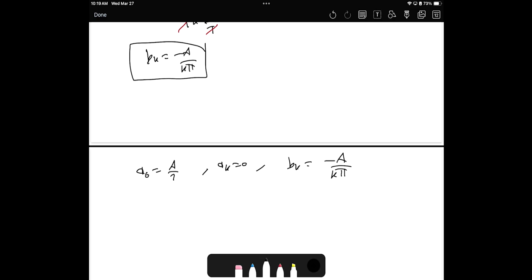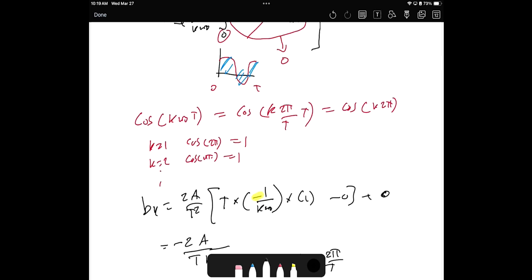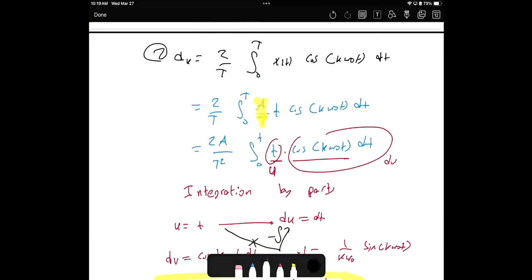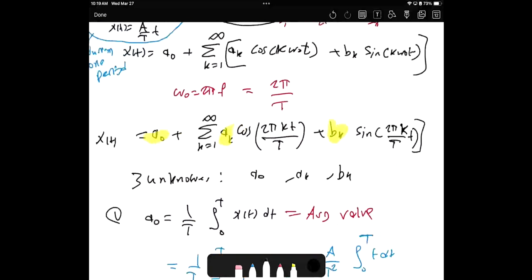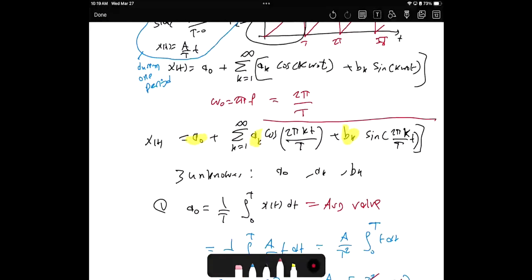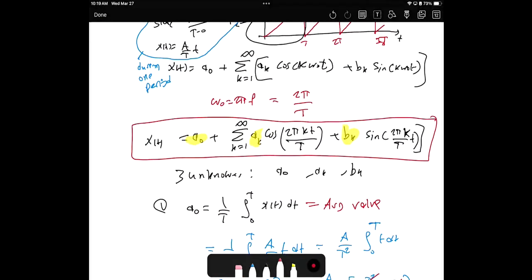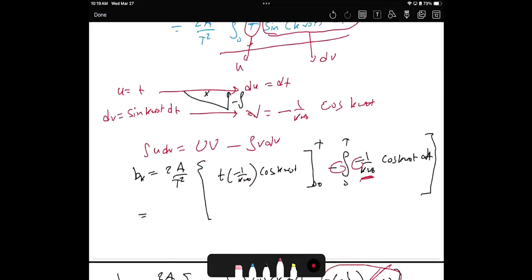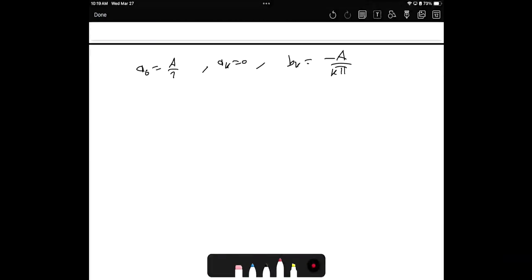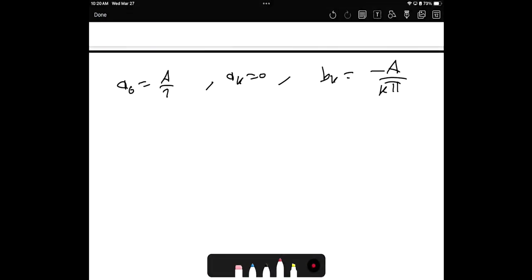Now it's time to substitute them in the expression that we did in the beginning. We will substitute them here. Since b is 0, there is no need to write it; a_k is 0, there is no need to write it.